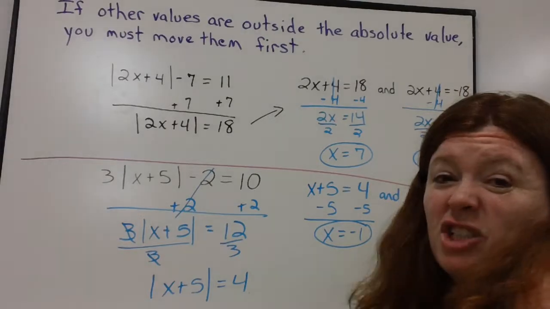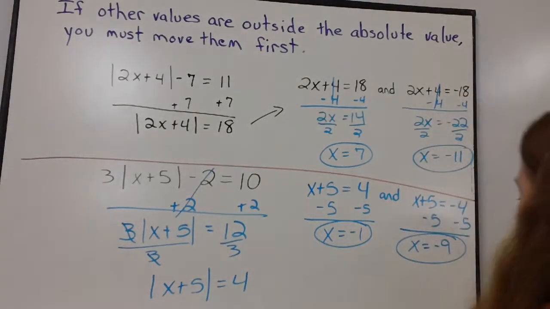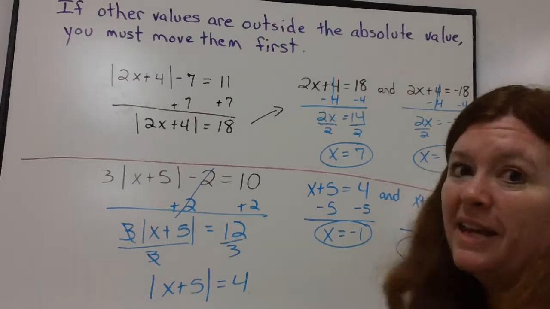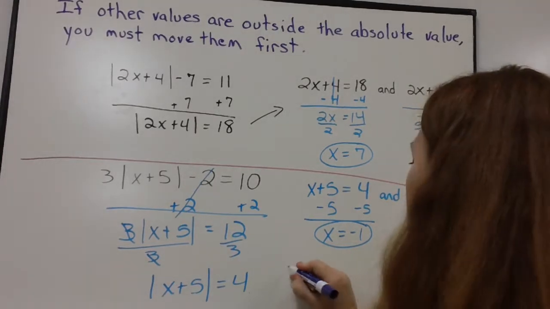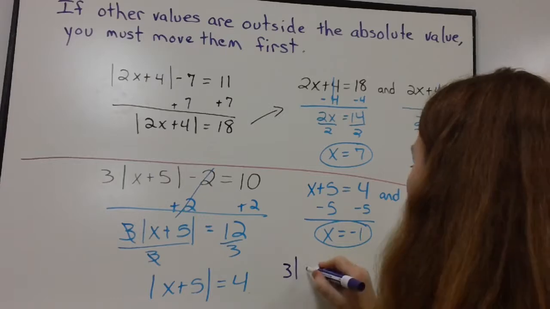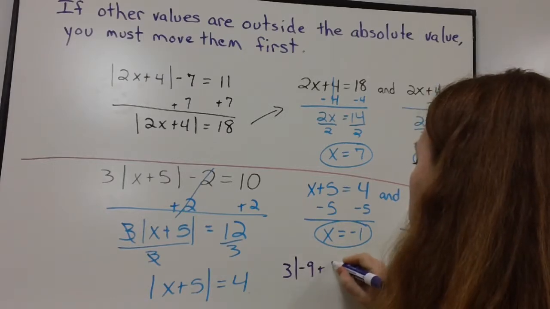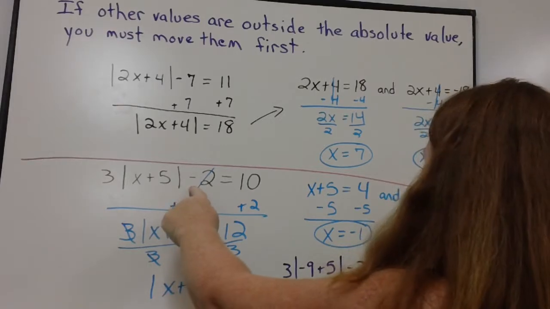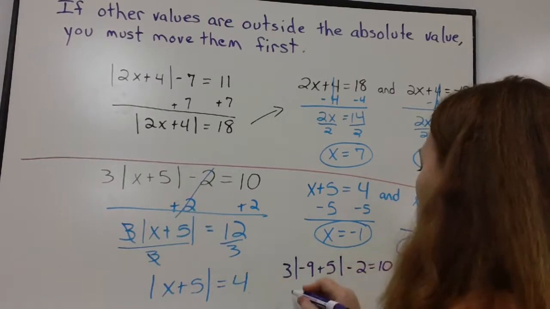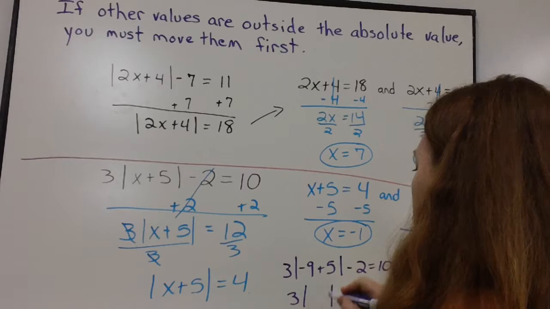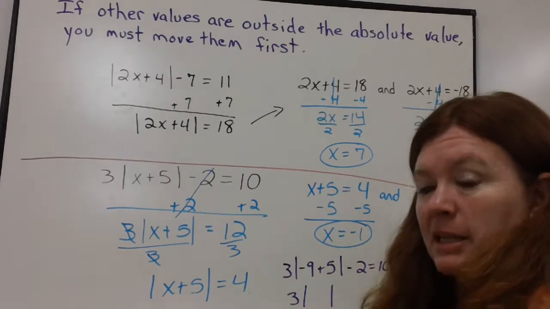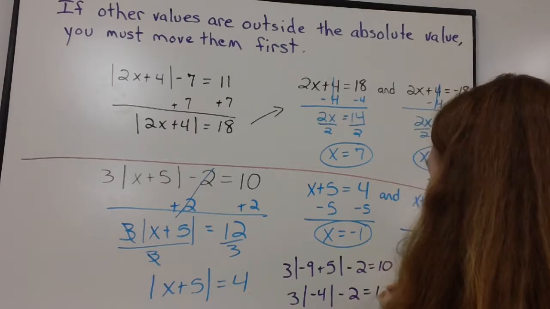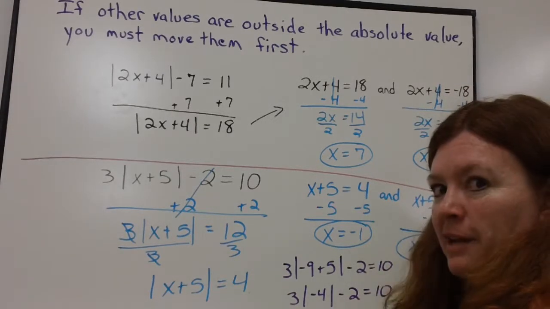Now let's just check it and see what happens. I'll use purple. I'll plug in the negative 9. 3 times the absolute value of negative 9 plus 5, minus 2 equals 10. See, I'm just plugging it in right here. 3 times the absolute value of negative 4, what's the absolute value of negative 4?